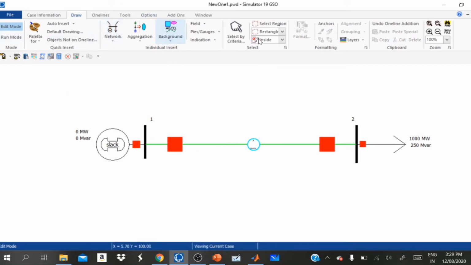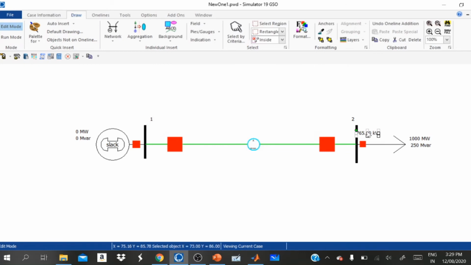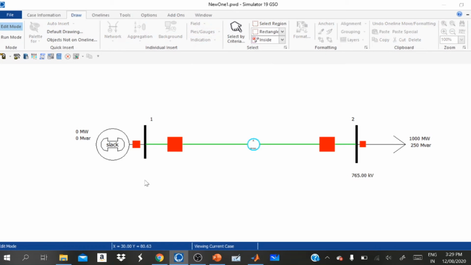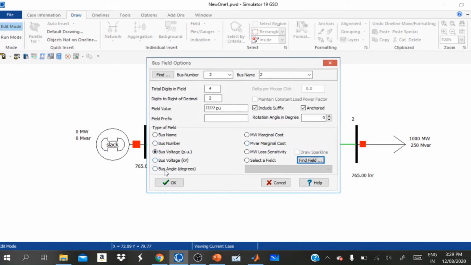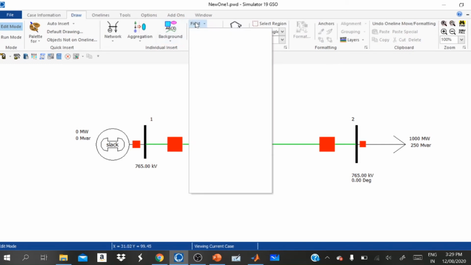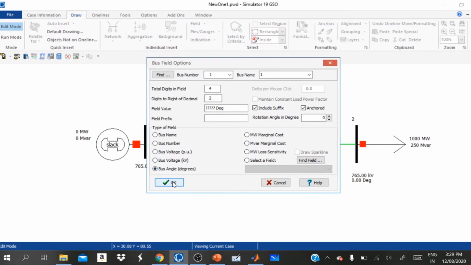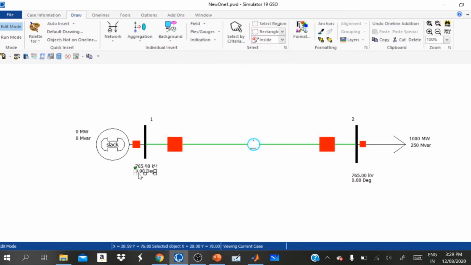Now we can note down the voltage at bus 2 and bus 1, and the power angle between the two buses. Here we are selecting bus 1 as the reference bus or slack bus.